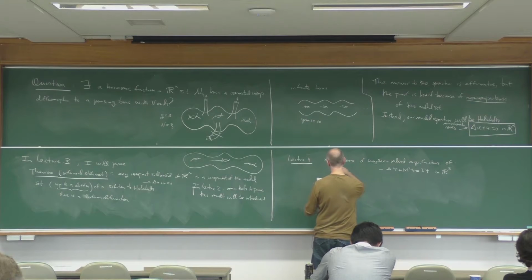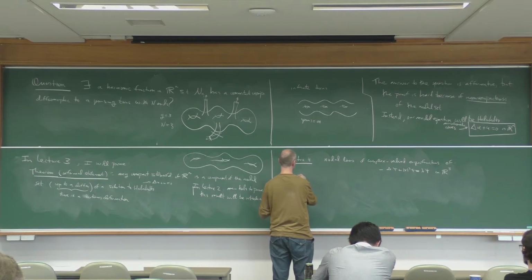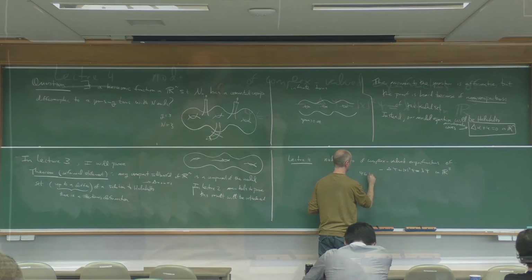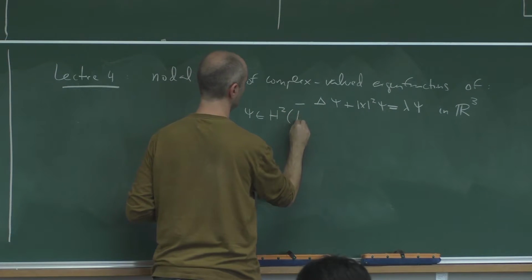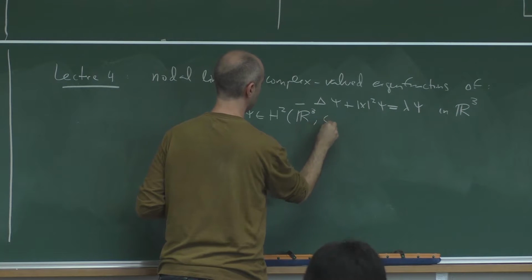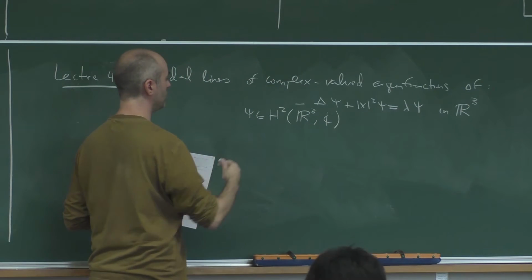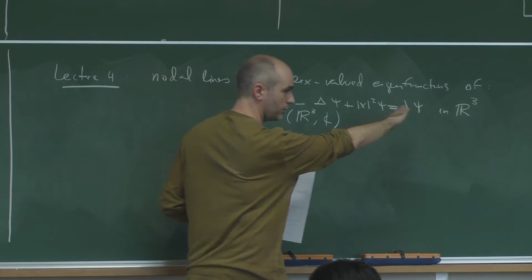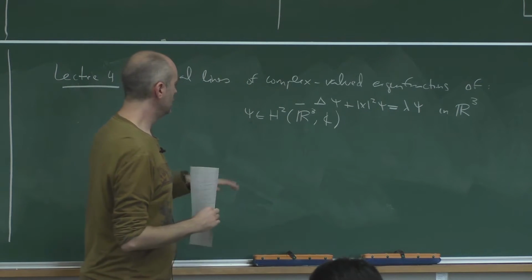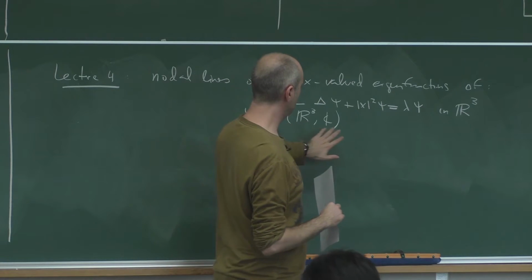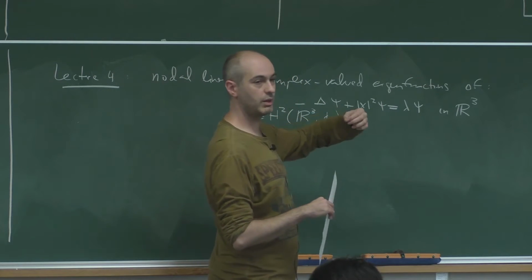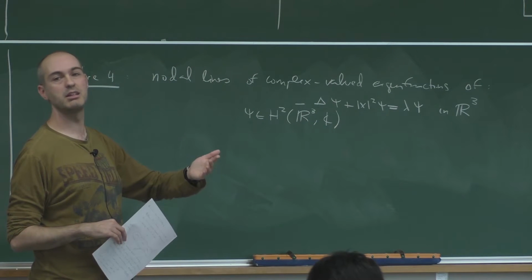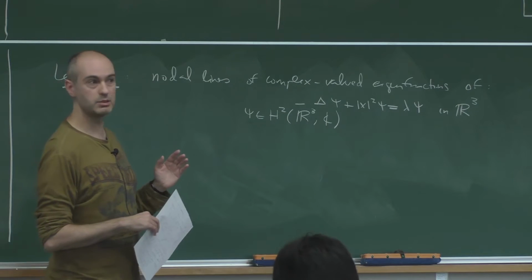And the point is that we prove that, and here the eigenfunction is complex valued, so it belongs to H2 of R3 to C. If you want to study the nodal set of this, it's H2, but of course it's smooth by regularity. The zero set of a complex valued function is the intersection of the zero sets of the real part and the imaginary part.